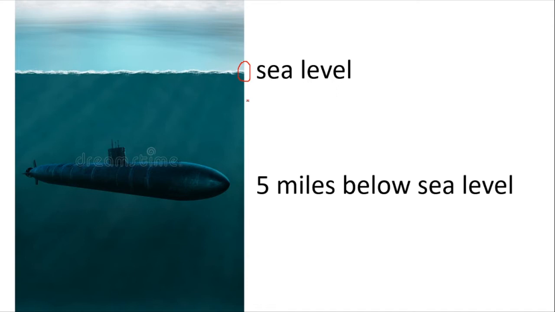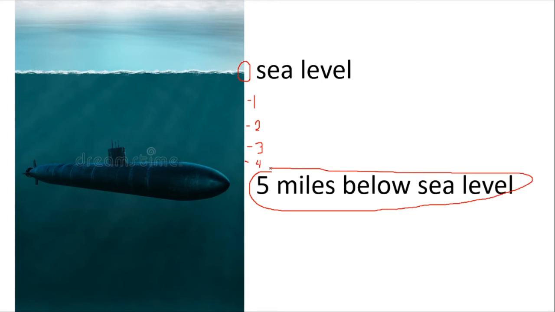At syempre, dahil pababa siya, sa math, may negative 1, negative 2, negative 3, negative 4, at meron naman negative 5. Ngayon, mas accurate na sabihin na 5 miles below sea level.